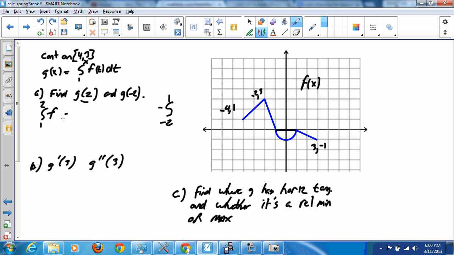So let's just take a look at the area. From 1 to 2, we're going from this spot to 2, so there's not a definite point, but we notice that the slope of this blue segment here is down 1 and over 2, so it has a slope of a negative 1/2.